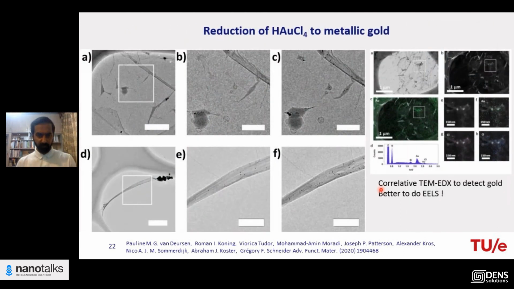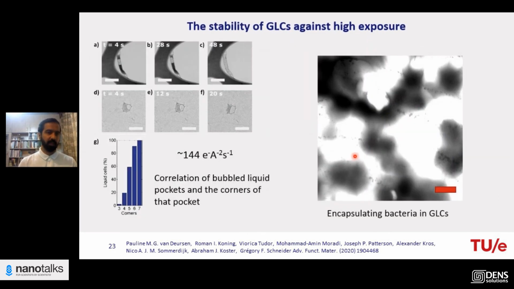To confirm that we have liquid and we can perform reactions, Pauline has done reductions of gold chloride solutions and forming metallic gold, checking the samples with TEM EDX, which we thought maybe better to do with EELS, but EELS was not the best suggestion for gold particles. But for other stuff, you can use it.